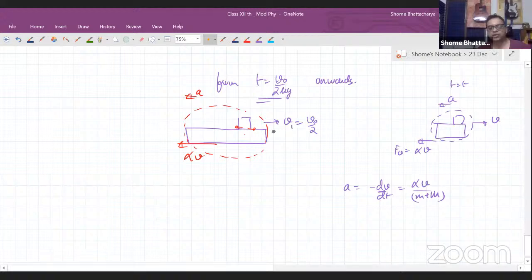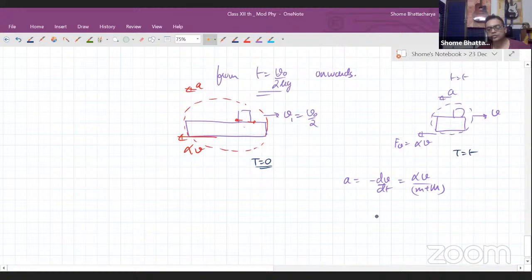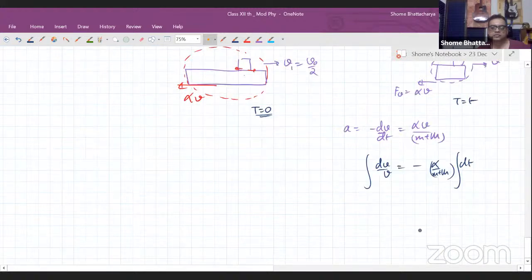We can reorient our clock. We can say that at this point of time, let's say time is 0. It will just make it easier to solve, and this is some time t. So this was V naught by 2 at capital T equal to 0.